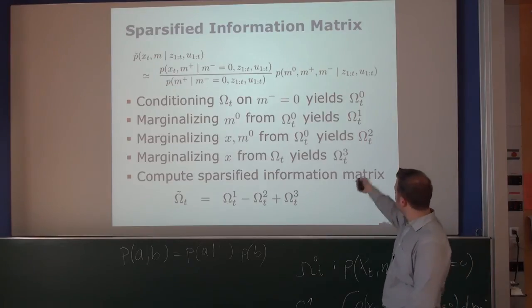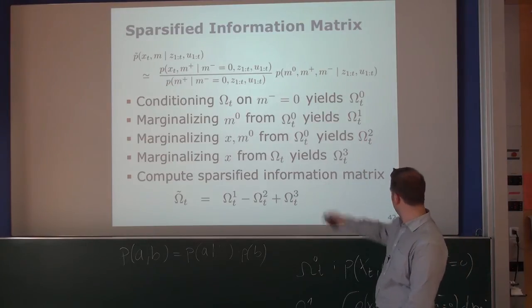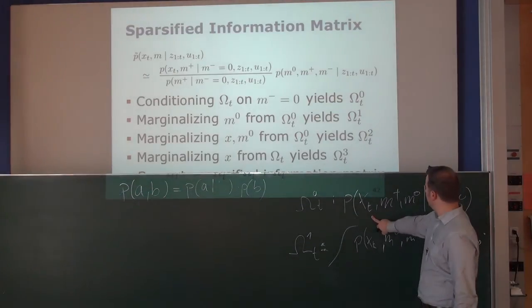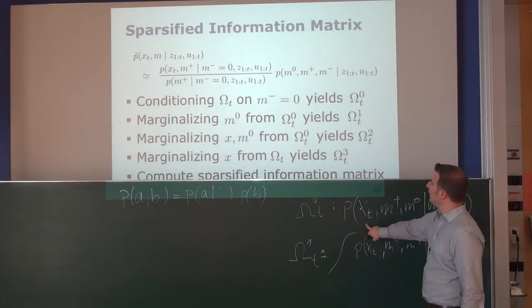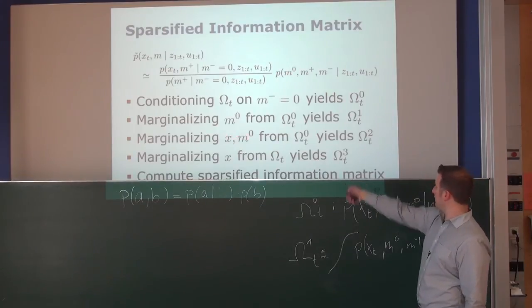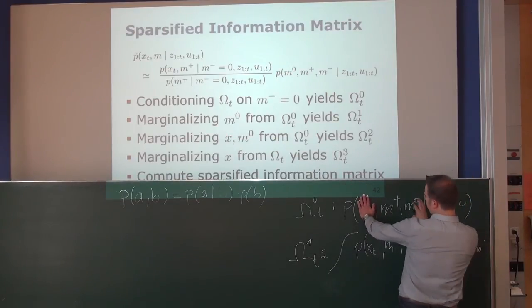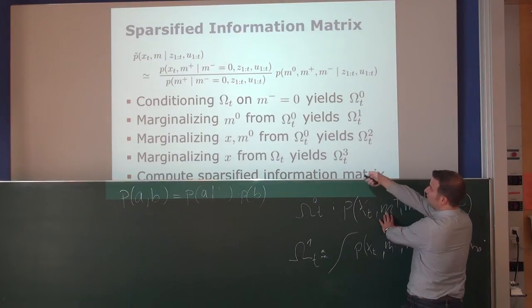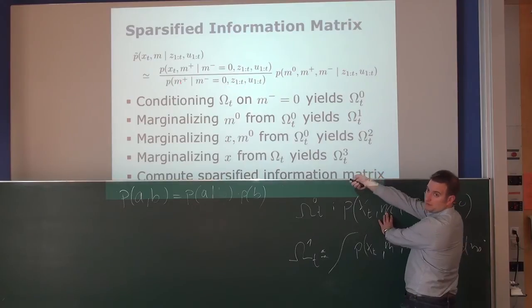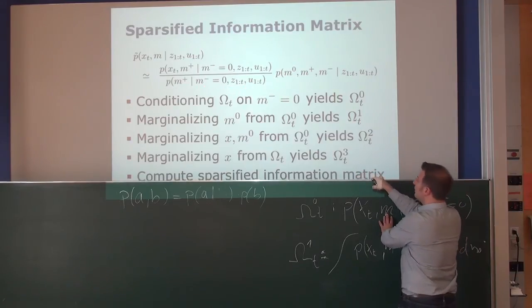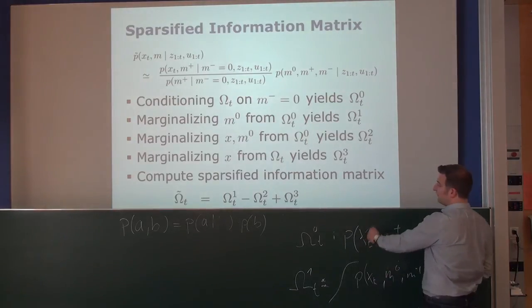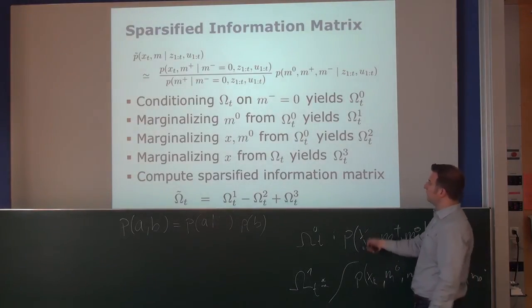So that means I take the information matrix I have here, which was this guy over here, and from this I get rid of x and m0, so only m plus remains. Which then leads me to exactly this term down here. And then I take again this belief and marginalize out xt.